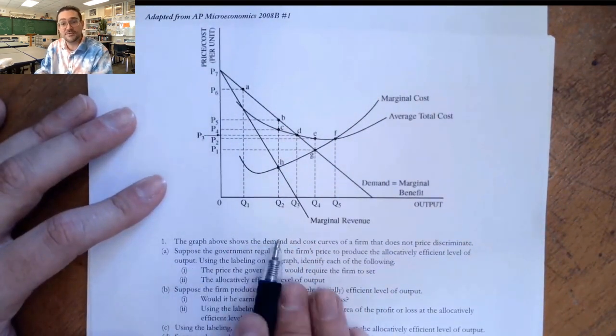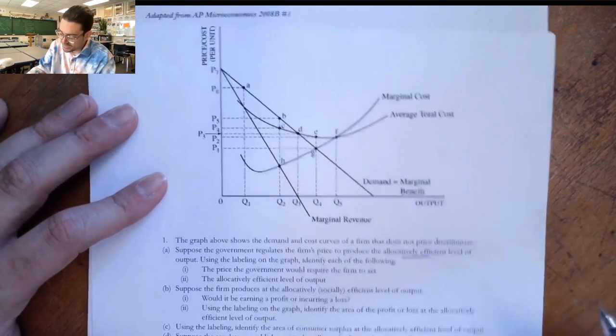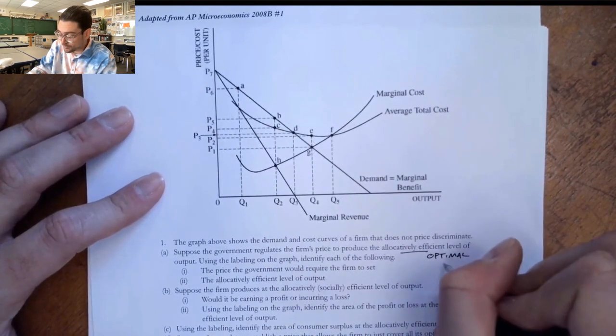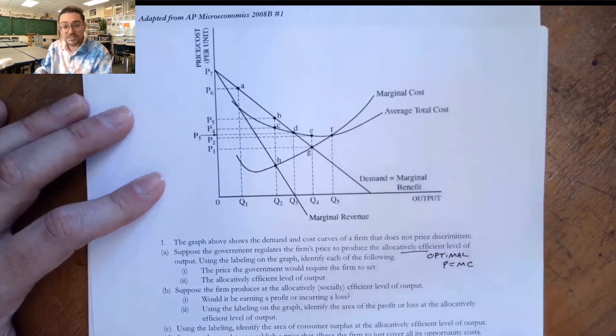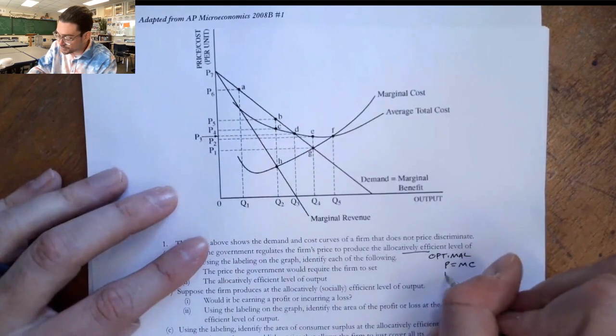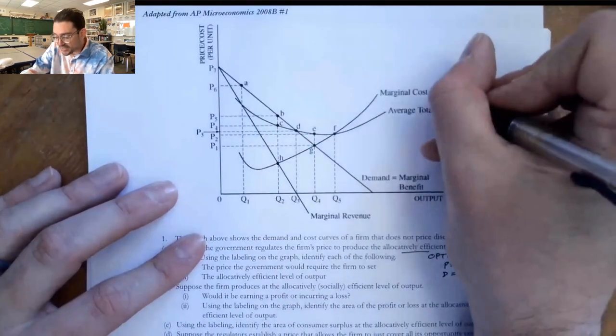Suppose the government regulates the firm's price to produce the allocatively efficient quantity. When I read that, the very first thing I think is socially optimal, where price equals marginal cost. Allocatively efficient means optimal, price equals marginal cost, or where the supply and demand curves intersect. Marginal cost here is like our supply curve.